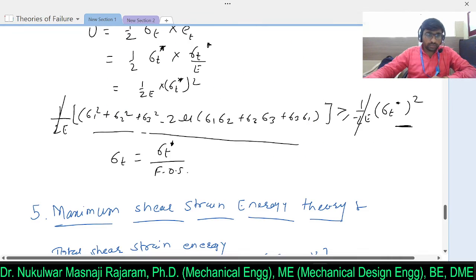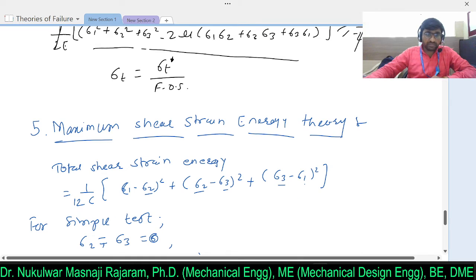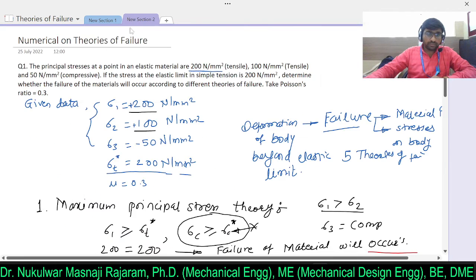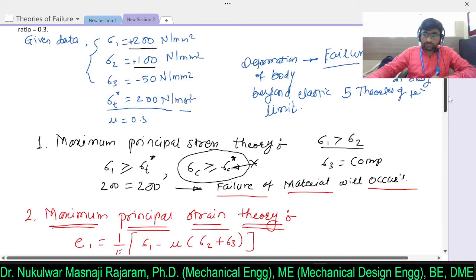Now let's see the last one, the fifth one, that is the maximum shear strain energy theory.